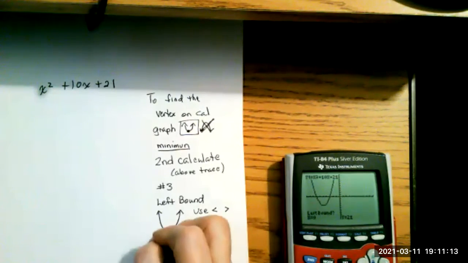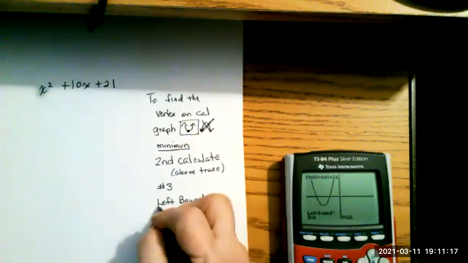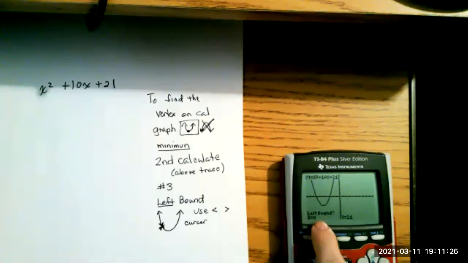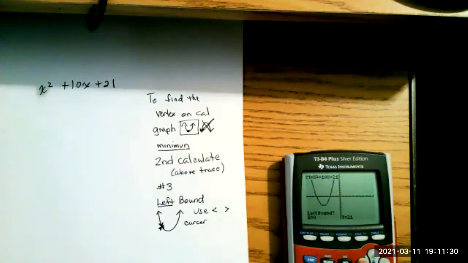And your cursor needs to come over here on this side, the left side of your picture. So I'm going to move mine. And if you don't know where your cursor is, it'll tell you mine's at x equals 0, y equals 21. That's the intercept, by the way. So I'm going to use my left arrow and I can watch it. It's at -1 now.